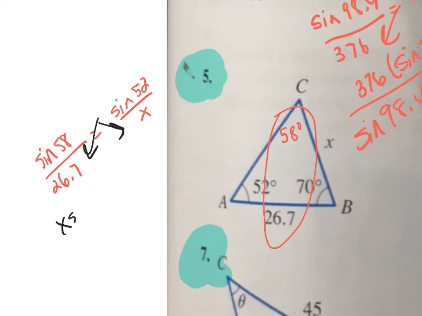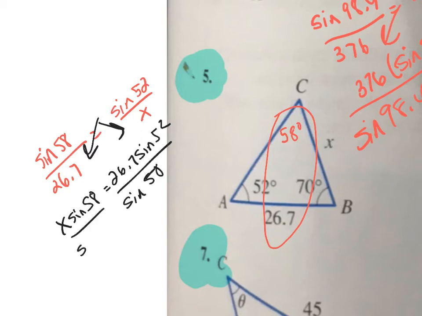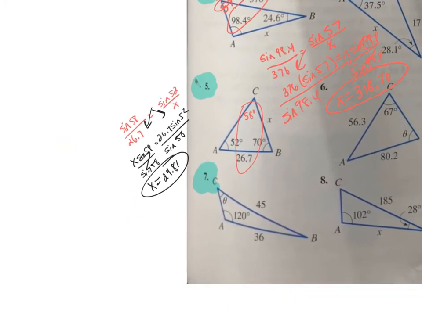So x times the sine of 58 equals 26.7 times the sine of 52. Divide both sides by the sine of 58, and I get x is about 24.81 units long, however long that is.